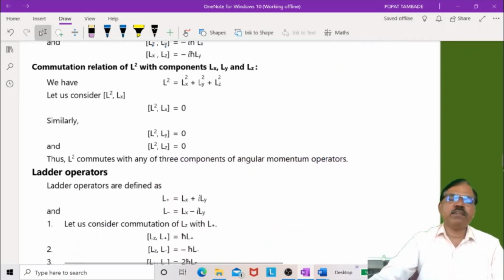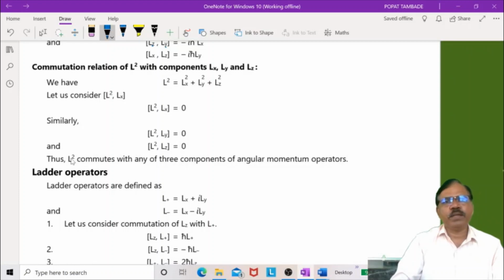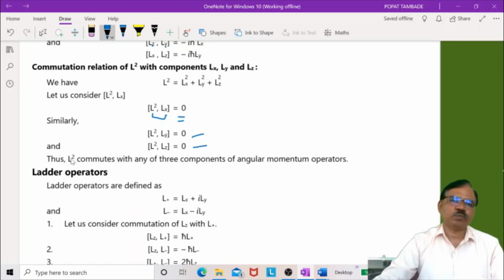Now the L square operator is given as Lx square plus Ly square plus Lz square. The commutator bracket of L square with Lx is 0, L square with Ly is also 0, and L square with Lz is also 0.